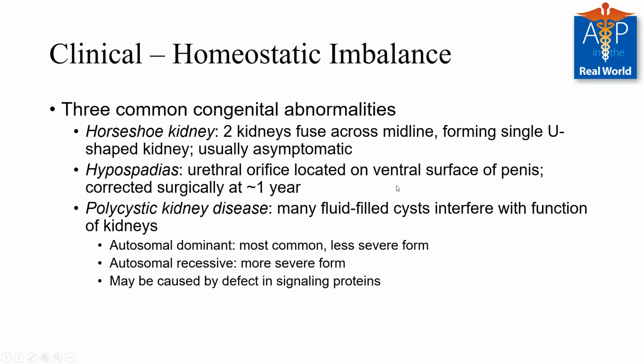You can also have polycystic kidney disease, where you have fluid-filled cysts that interfere with the function of the kidneys. This can be autosomal dominant, very common and not severe, or it can be autosomal recessive, which is very severe. And this may cause a defect in signaling proteins.